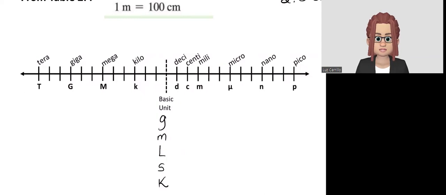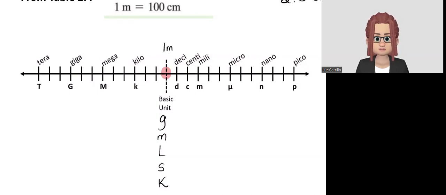It could be grams, it could be meters, it could be liters, it could be seconds, it could be Kelvin, it could be anything, any basic unit. So if I'm trying to say 1 meter, that specifically, I'm going to use my highlighter tool, lives right there in that dotted line. So that's where 1 meter lives.